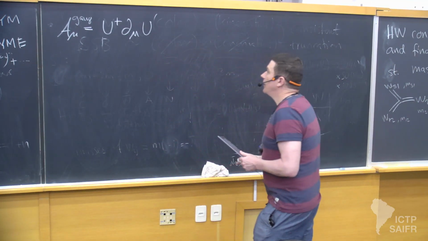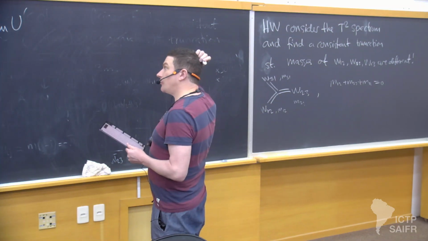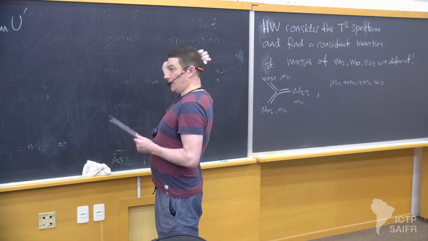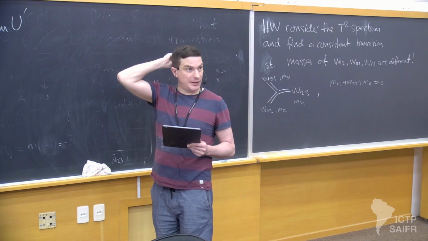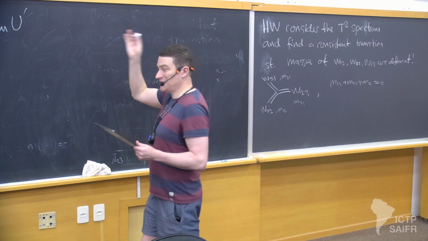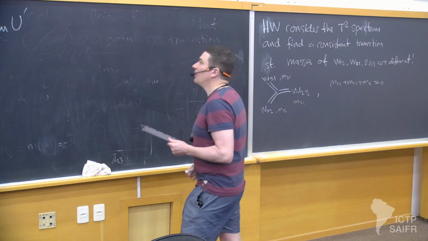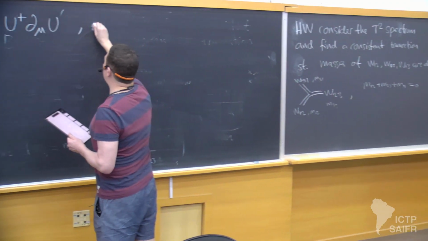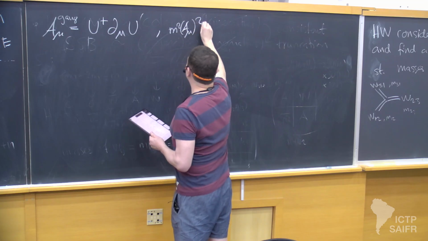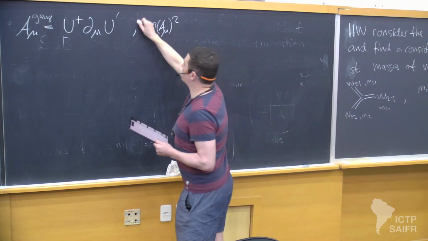And I think the claim is that if you insert this field into the field strength, then it vanishes. Let me know if you agree with that. It should vanish if I insert it in the field strength. But if I insert it in a mass term, let's say the gauge field has a mass term, and that's also a trace here, right?